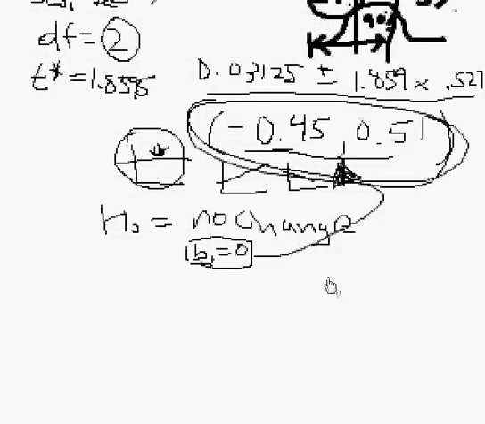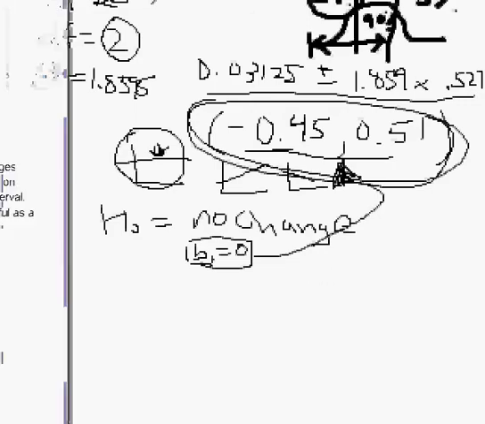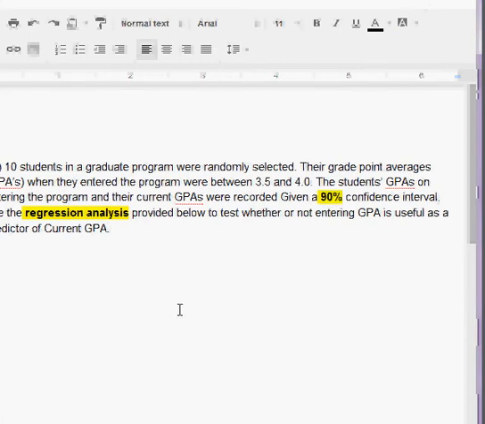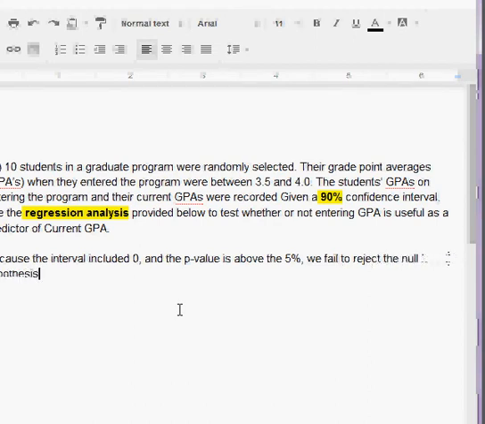Alright. So back to the question. So in conclusion, because the interval included 0, and the p-value is above the 5%, we fail to reject the null hypothesis.